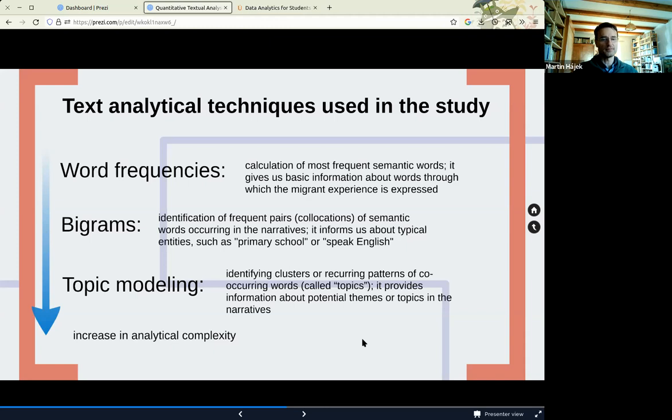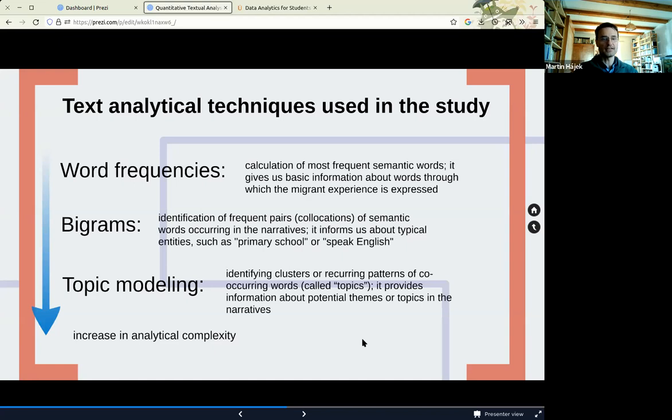And these bigrams inform us about typical entities. For example, some institutions, like primary school, because if we have just school, we don't know what kind of school. But if we see that there is the frequent bigram primary school, it's more accurate information about this entity, or some processes or competencies like speak English.